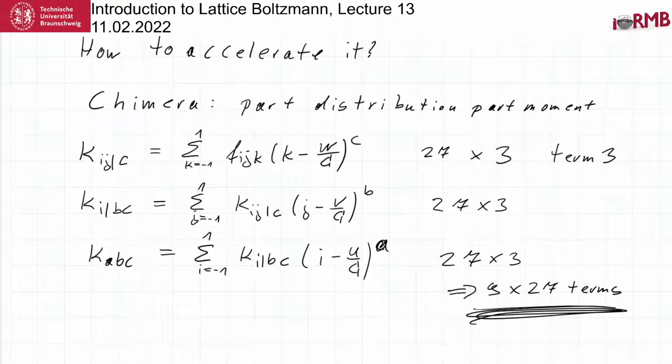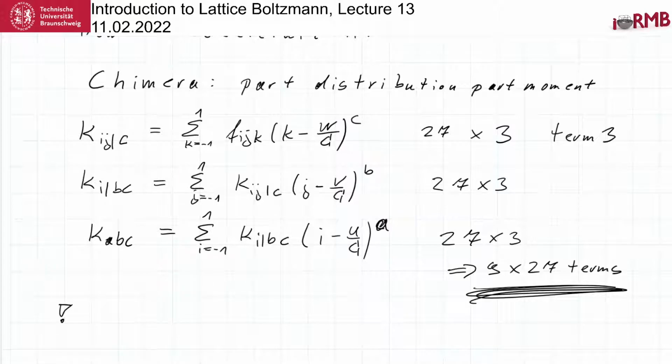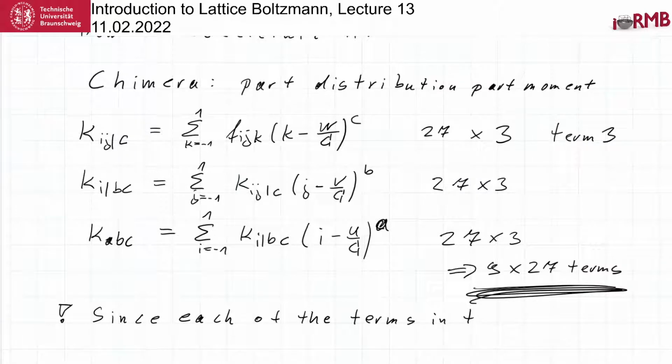You could say that apparently this is just 3 times less expensive, but in reality we see even more operations, because we not only have fewer terms, but we also have fewer operations within one term each.